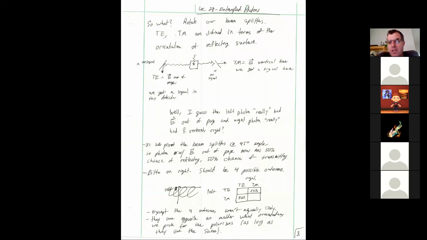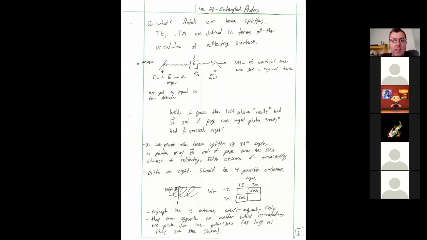Half of it gets transmitted, half of it must get reflected. So if it's really vertical, but it hits something that's selecting along a different axis, then 50% of the time it should be transmitted, and 50% of the time it should be reflected. And the other one that's really horizontal, 50% of the time it should be transmitted, and 50% of the time it should be reflected, because it's hitting something that's 45 degrees.